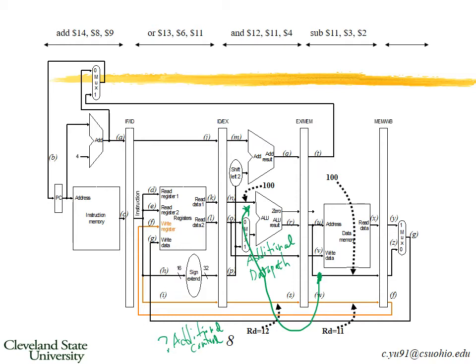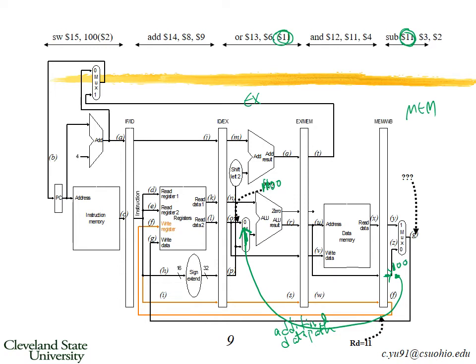Of course, there must be some additional control, because there are two inputs to the first source of the ALU: one from the register file, another from the feedback data path from the memory stage. But using this additional data path, or forwarding logic, or feedback, we can avoid the pipeline delay.